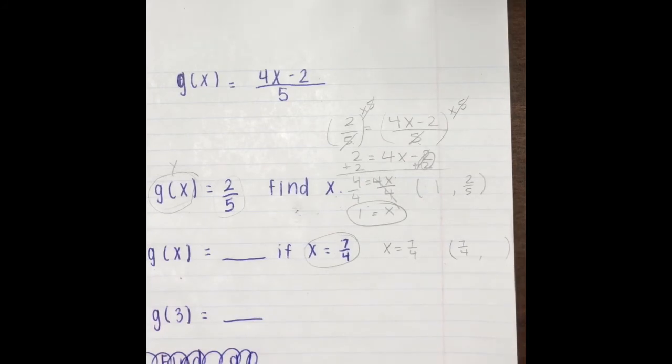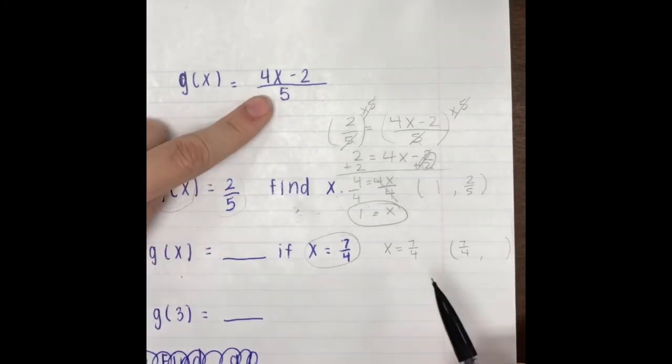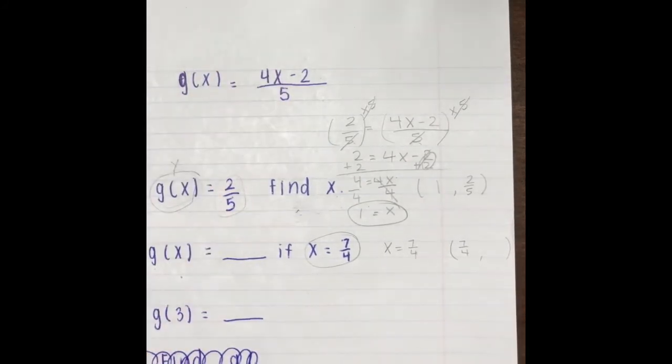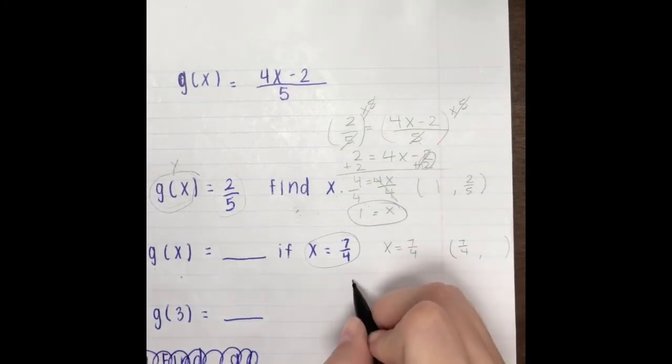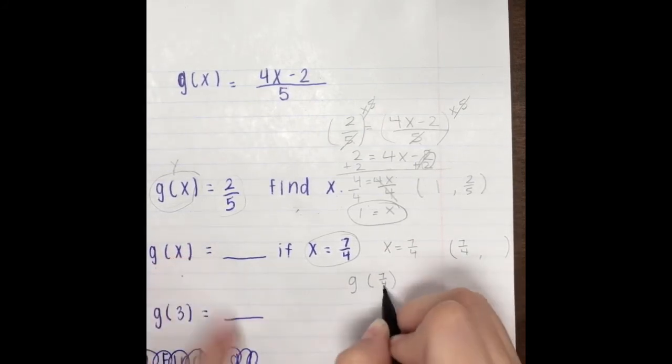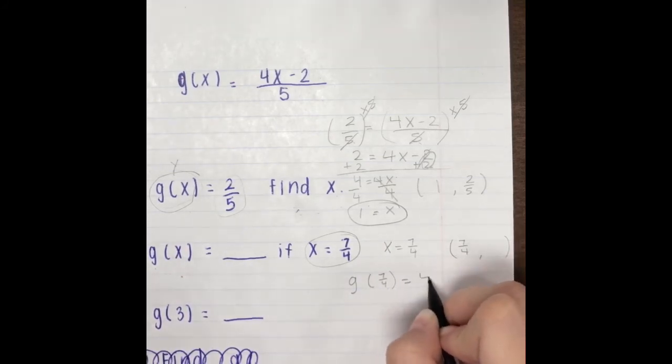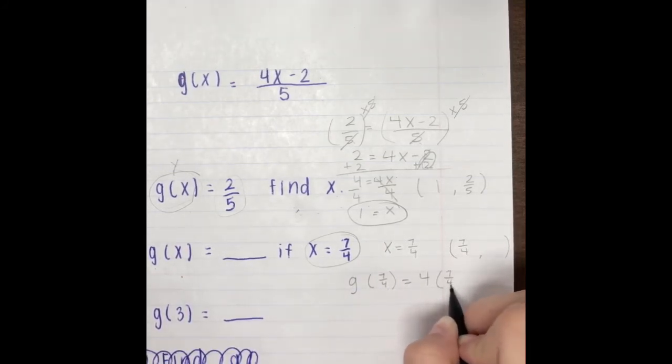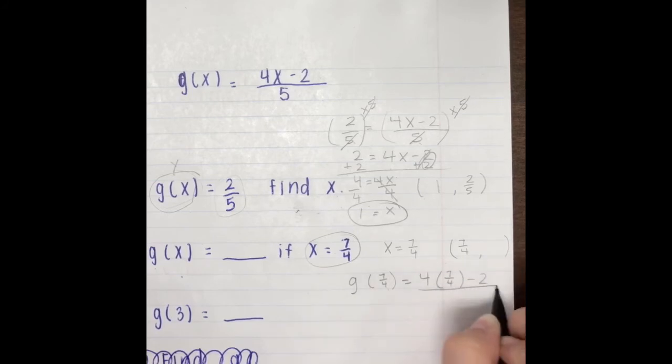So we're going to take our equation and plug in 7/4 for our x value. Okay, so we'll have g of 7/4, because that's my x value. G of x, x is 7/4, equals 4 times 7/4 minus 2, all divided by 5.